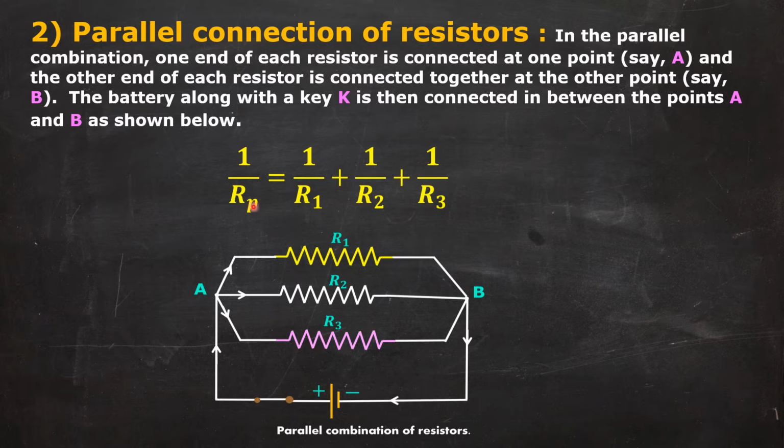So 1 by Rp, where Rp means equivalent resistance in parallel connection, is equal to 1 by R1 plus 1 by R2 plus 1 by R3. That is, the reciprocal of the equivalent resistance is equal to the sum of the reciprocals of the individual resistances. This is the formula we have to use when the resistors are connected in parallel to find the equivalent resistance.